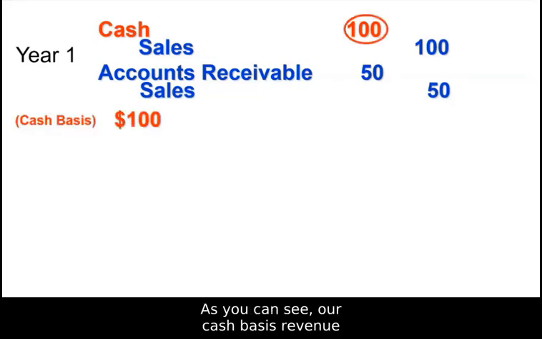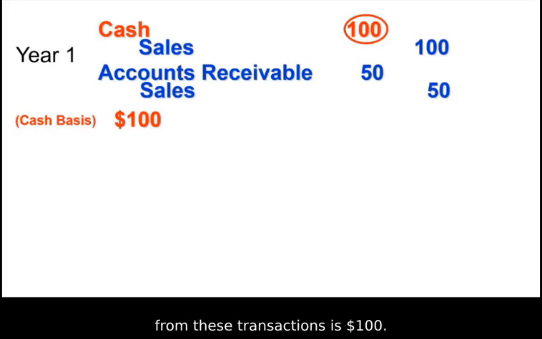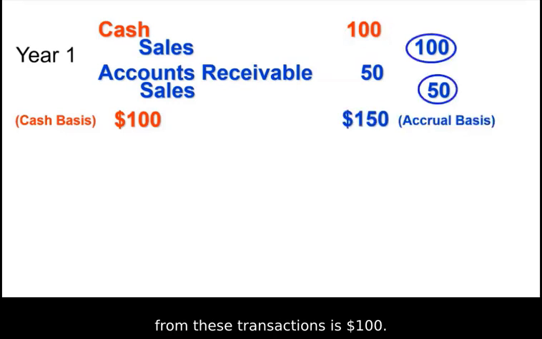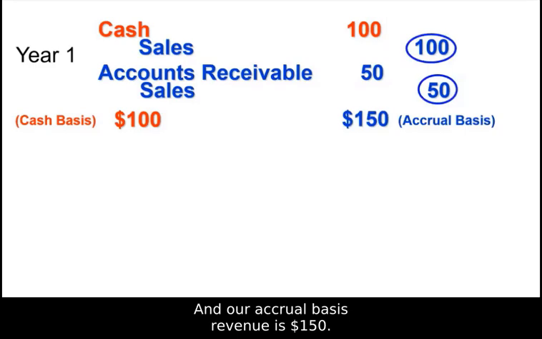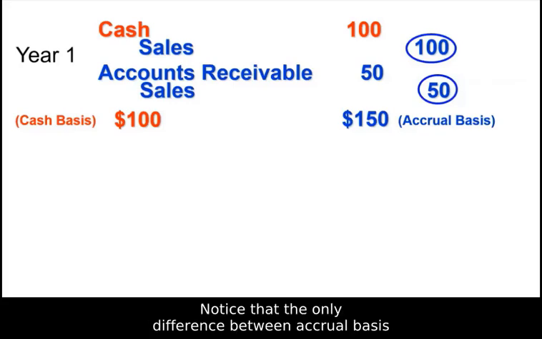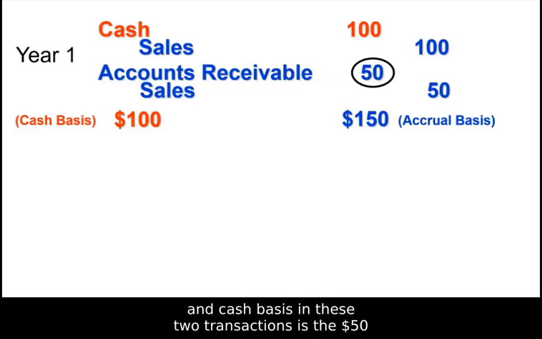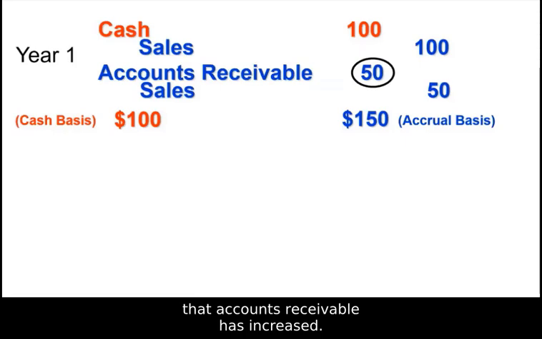This is only an accrual basis sale because no cash is being received. As you can see, our cash basis revenue from these transactions is $100. And our accrual basis revenue is $150. Notice that the only difference between accrual basis and cash basis in these two transactions is the $50 that accounts receivable has increased.